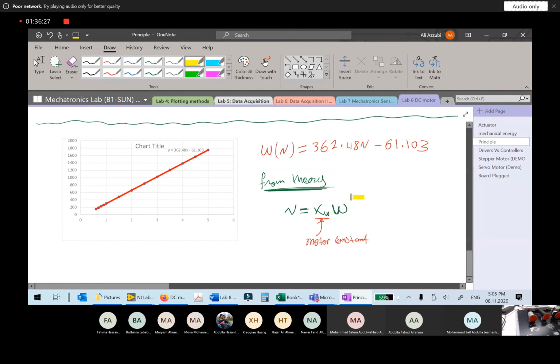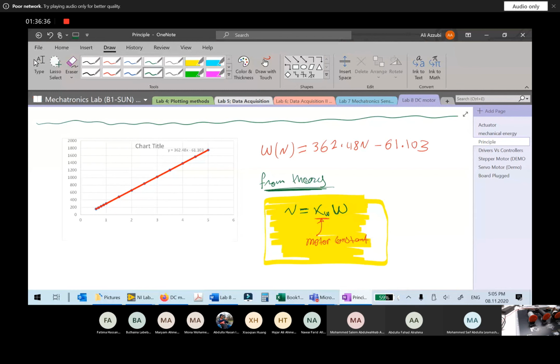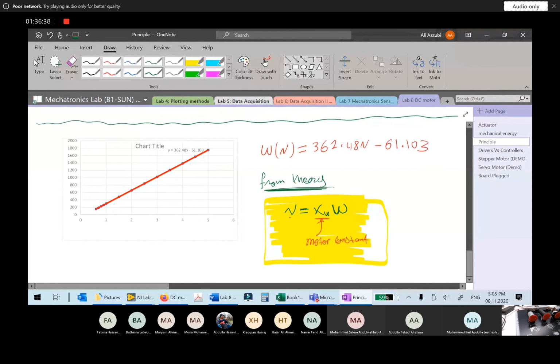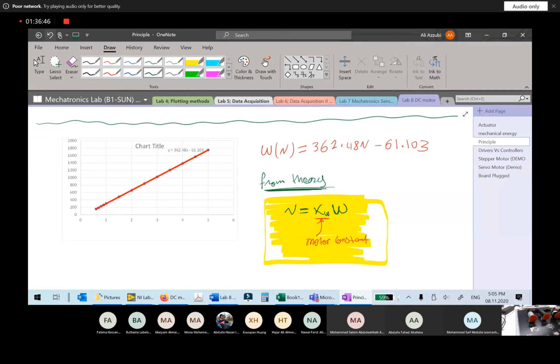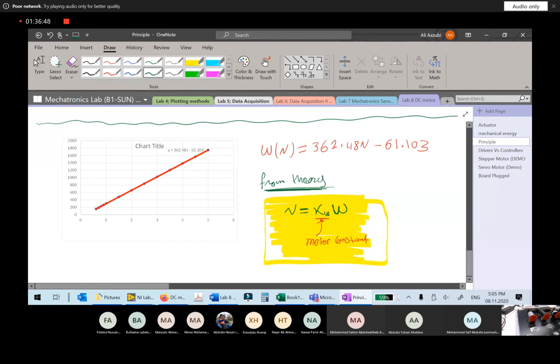This is my most important relation today, the motor constant relation. It tells me simply that if you apply a known voltage, through this relation you can find omega. Now the motor constant is a given parameter in the data sheet of the motor.